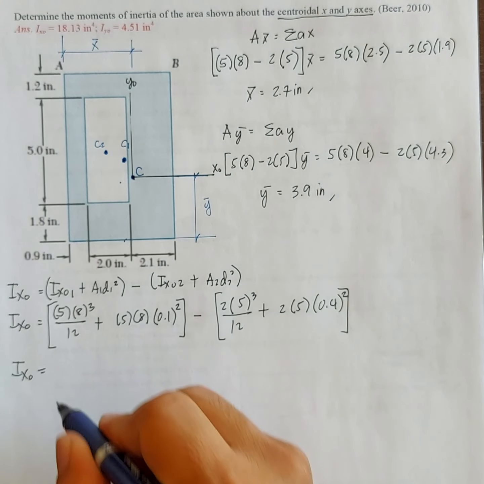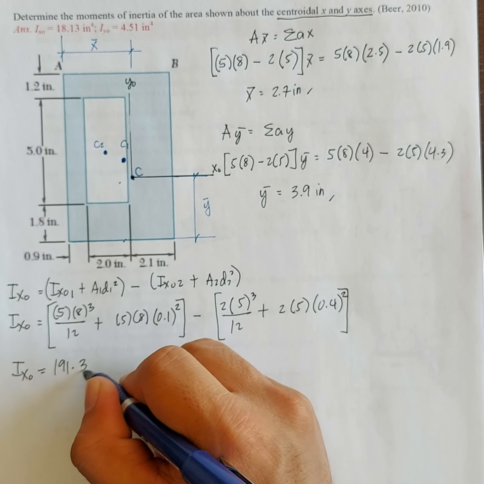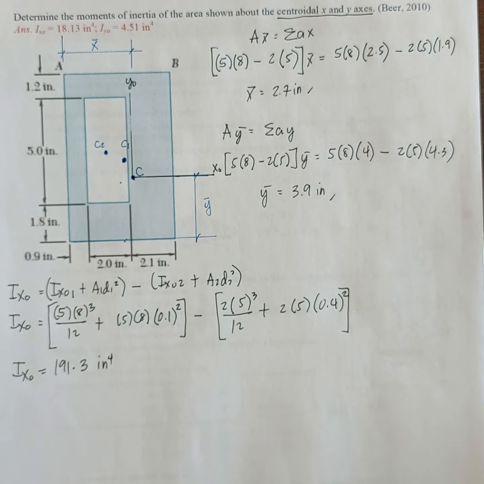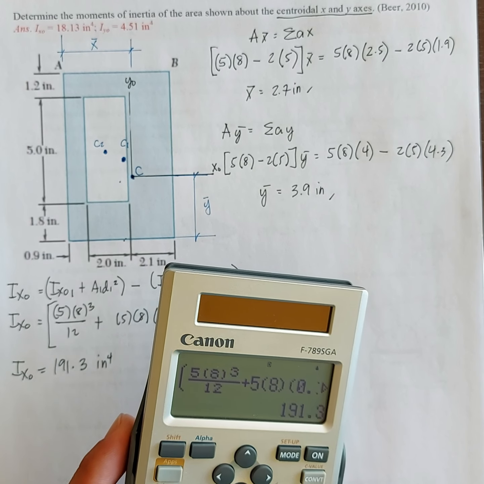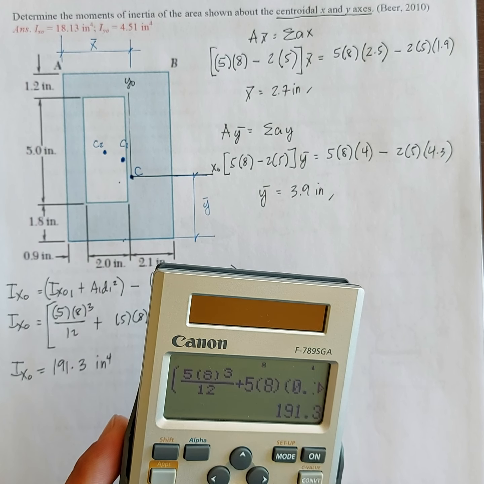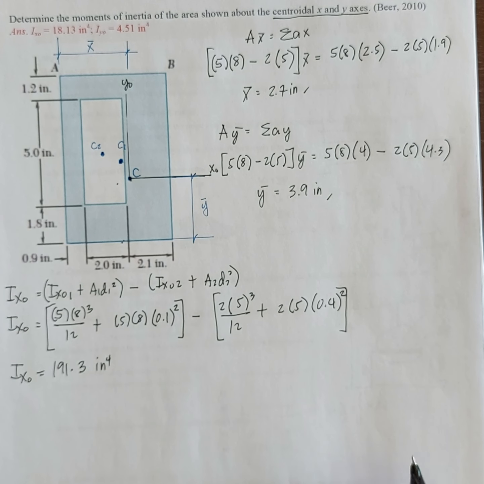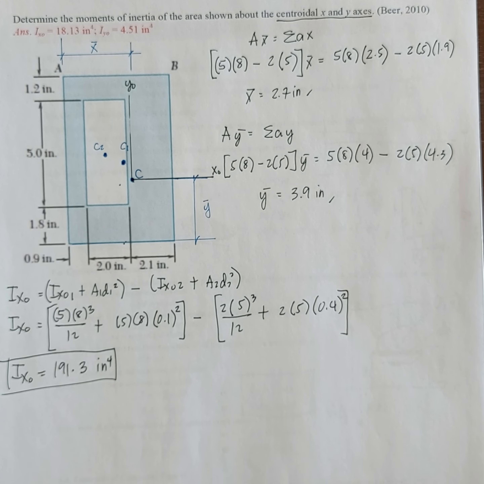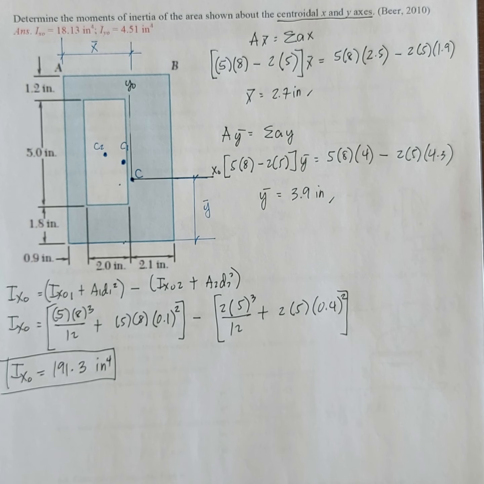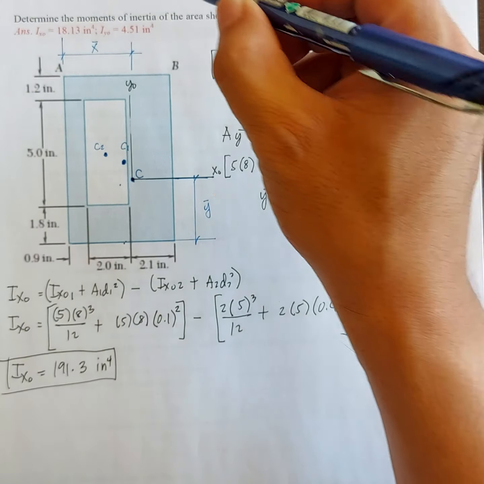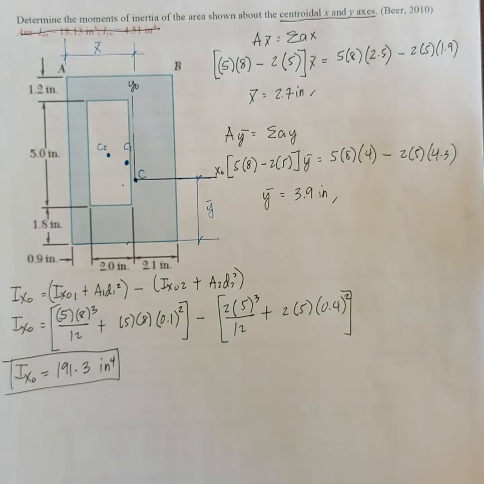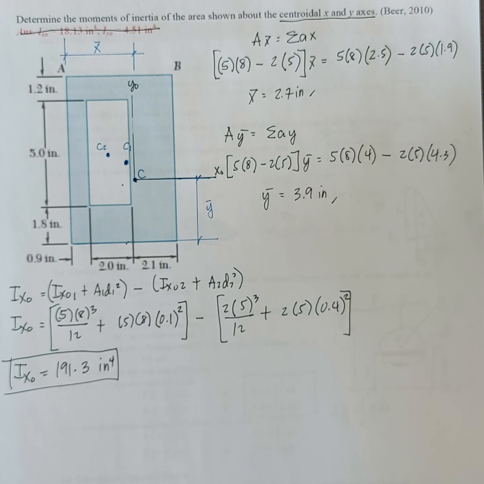So IXO is equal to 191.3 inches to the fourth. Okay? So 191.3 inches to the fourth yung ating IXO. Okay? Yan. So again, yung sagot doon dito, hindi po yan ang tamang sagot.